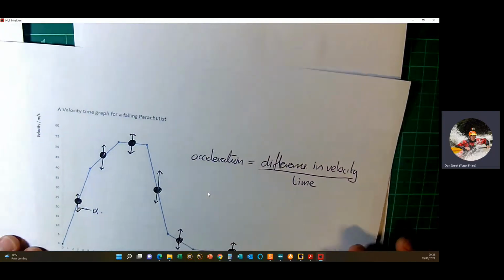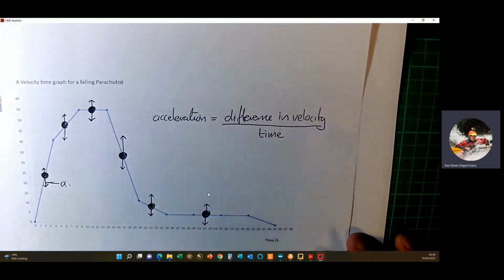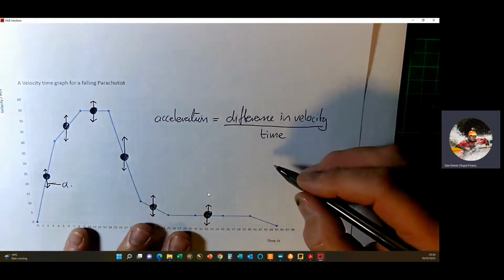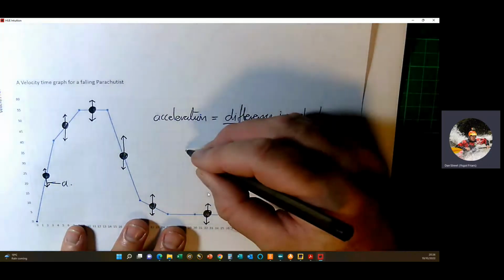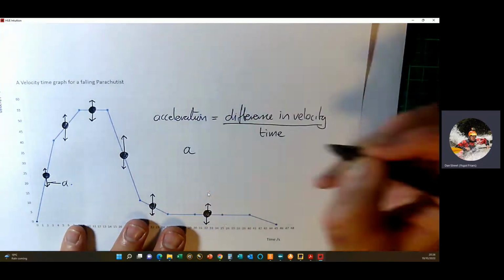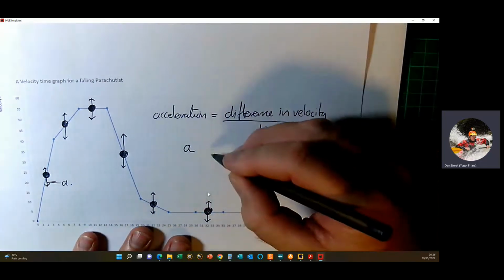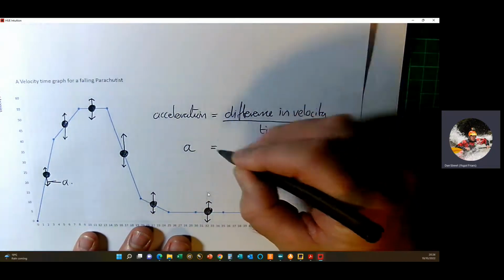Okay, now that's quite long-winded and quite wordy, so we can summarize that in a true algebraic manner by replacing the word acceleration with a. We've already seen a used for acceleration in the previous section. And then the difference in velocity.